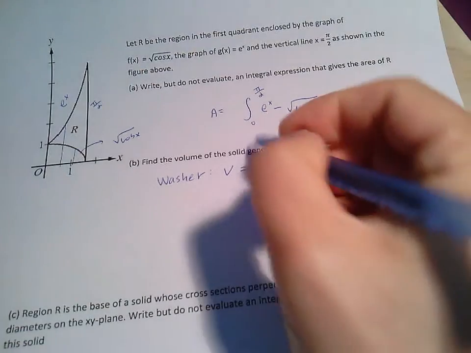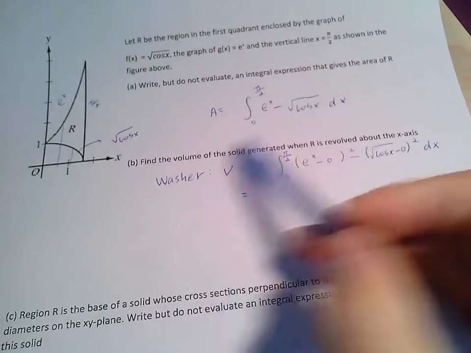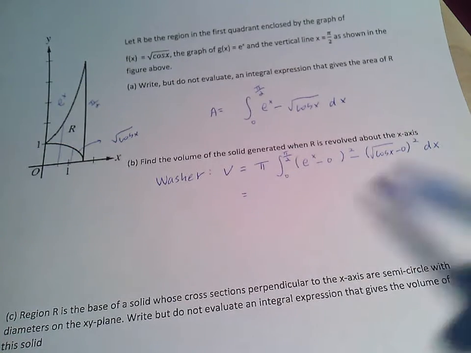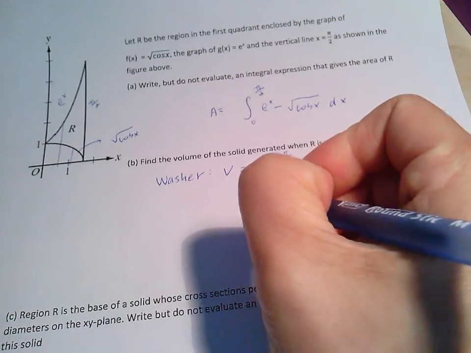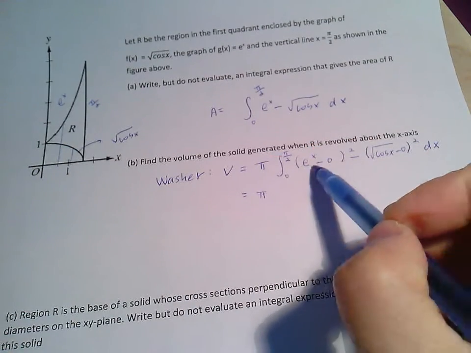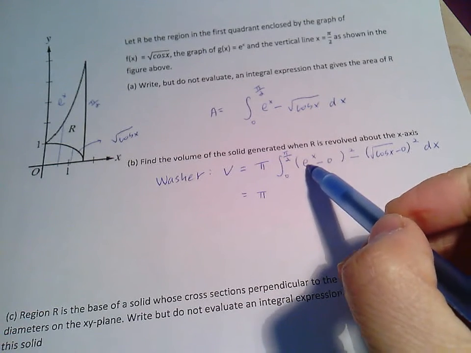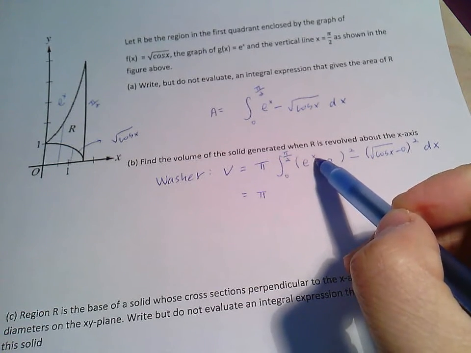Now, it says find the volume, and some of you put that in the calculator and got the answer. Yeah, this is not a calculator section, so we need to evaluate this. If you distribute the exponents, that is e to the 2x.